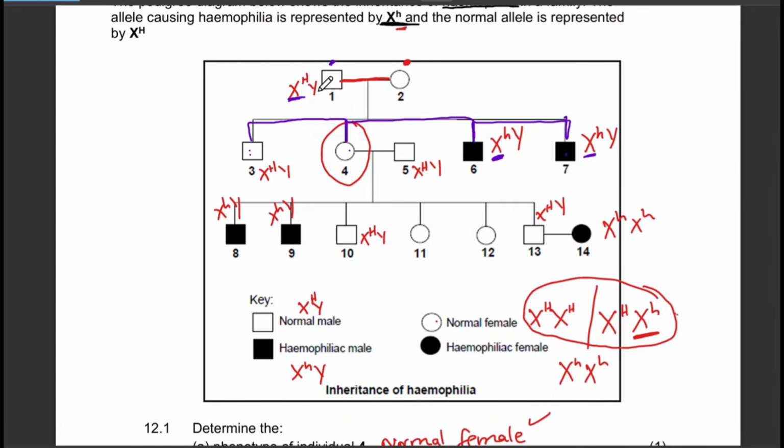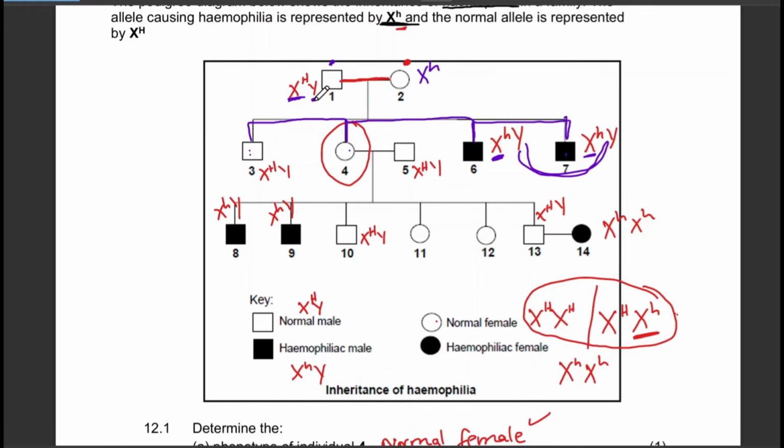The Y chromosome doesn't carry the allele. So this tells us that the mother definitely needs to have the X small letter H chromosome, because these two males inherited the Y chromosome from the father. That is obvious: if you're a male, you inherited the Y chromosome from the father and not the X.